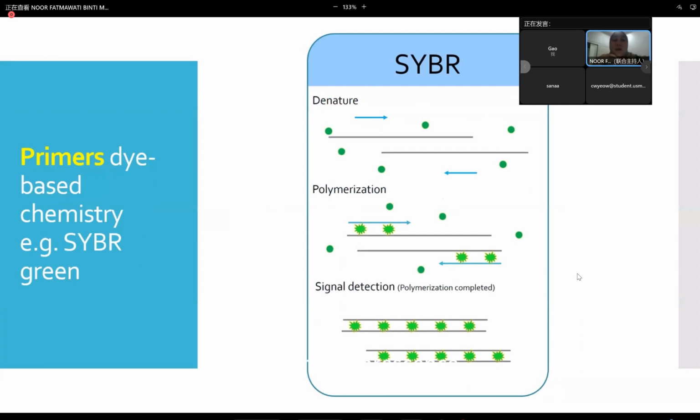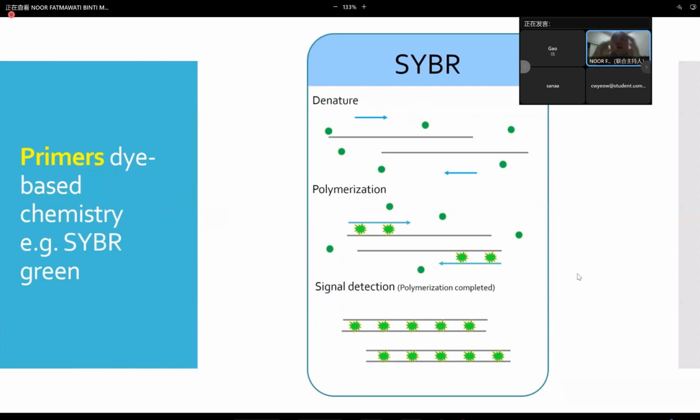If it's fluorescence, you need a machine that could capture the fluorescence signal, and usually it relates to a camera that catches the specific wavelength of that fluorescence signal.